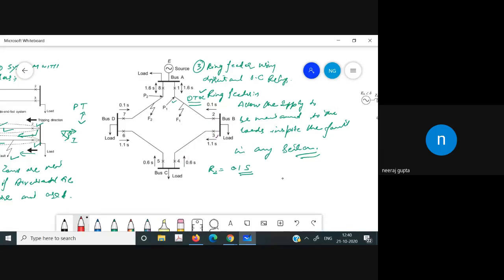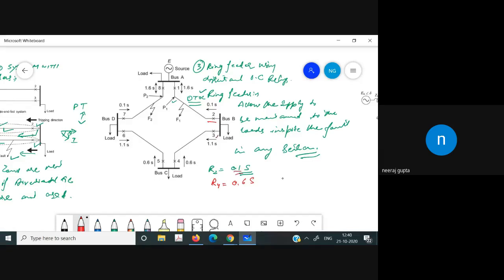Now, R2 is equal to 0.1 second, and let us suppose that the operating time of relay R4 in this case can be set at 0.6 seconds. So how is the 0.6 second coming?